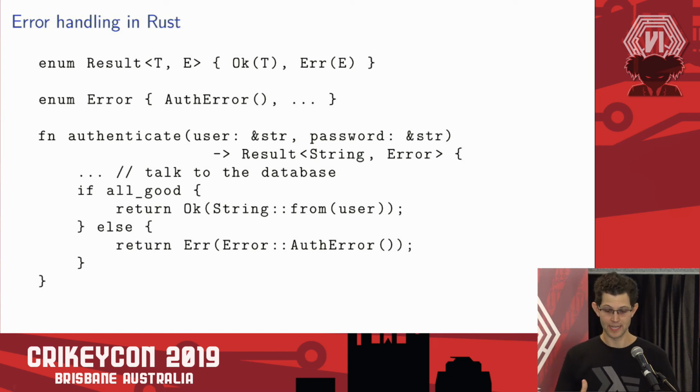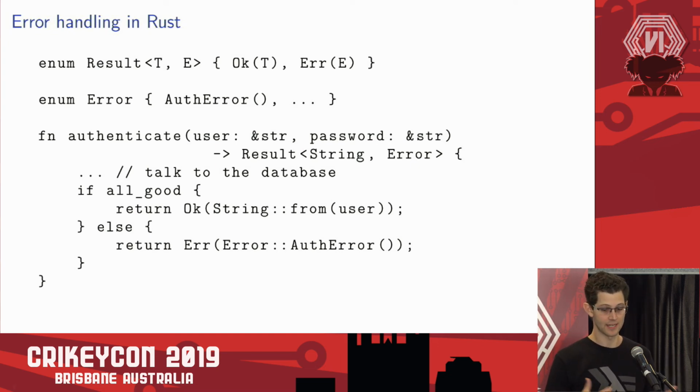And then the authenticate function, the function signature, the two parameters are user and password, as you'd expect, and it has a return type of Result<String, Error>. The left-hand type variable is for the success case. So if it's successful, we'll return the username. We'll just say, this is the user that successfully logged in.